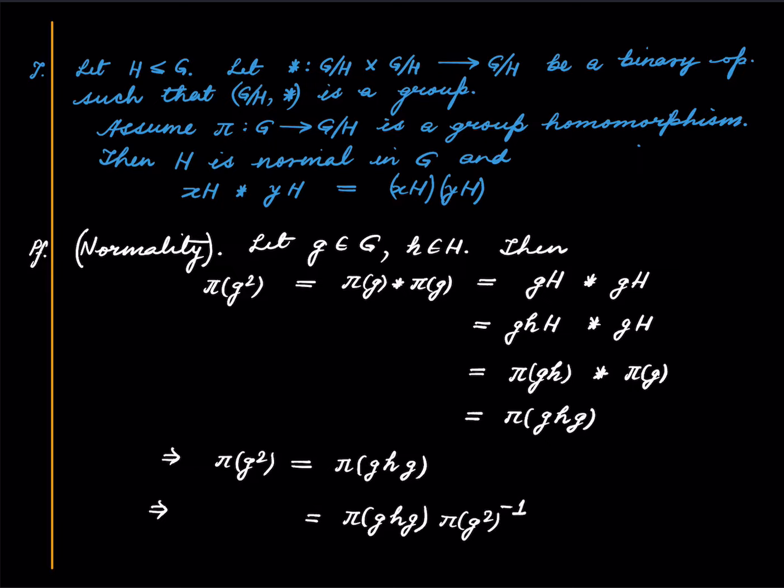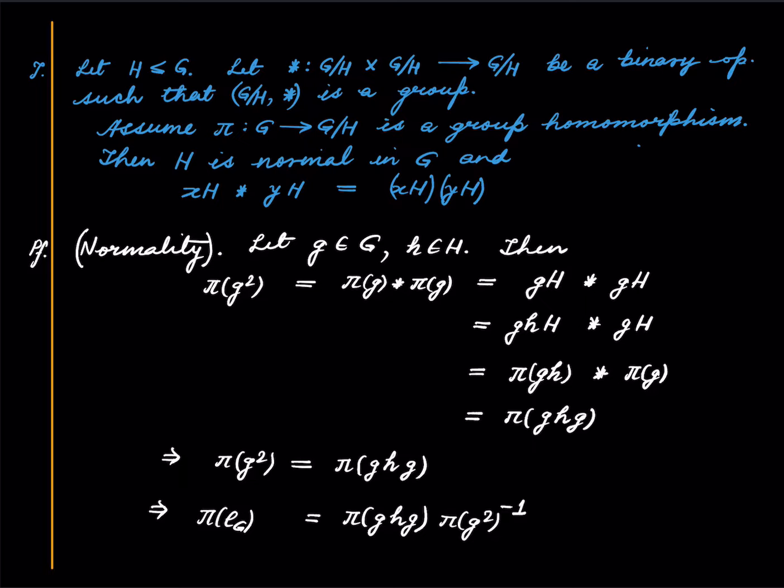This is the identity of G mod H, really. What I have done is multiply by the inverse of this on the right side of both elements. Here I get this, and here I get the identity of G mod H, but the identity of G mod H is the image of the identity of the group G under pi, because pi takes identity to identity since pi is a group homomorphism.